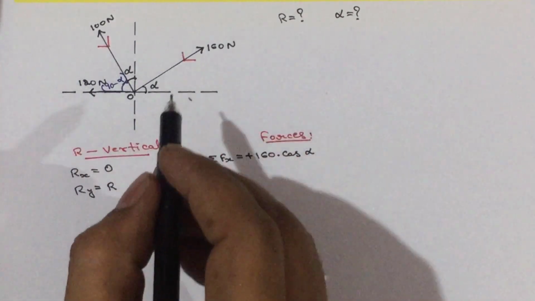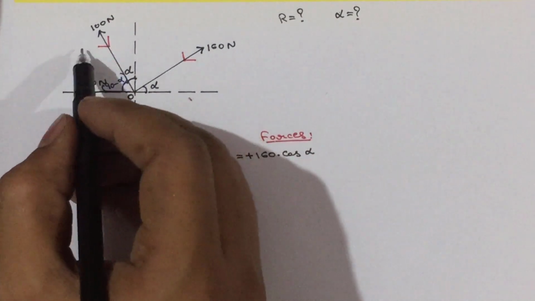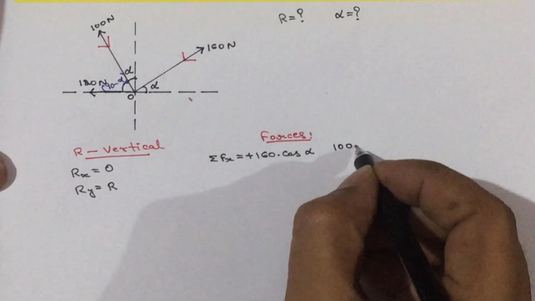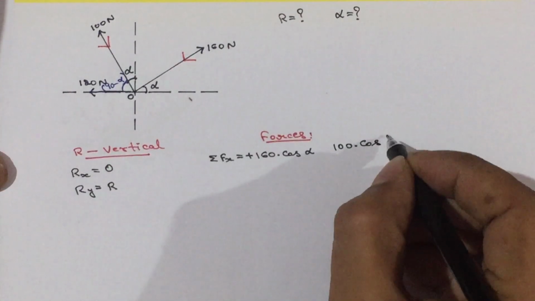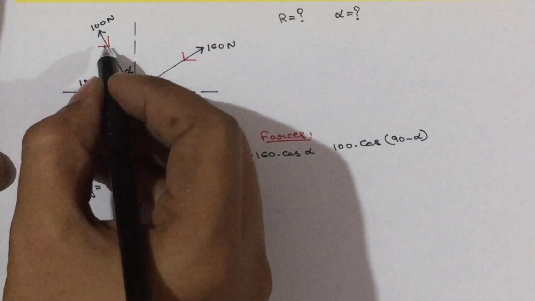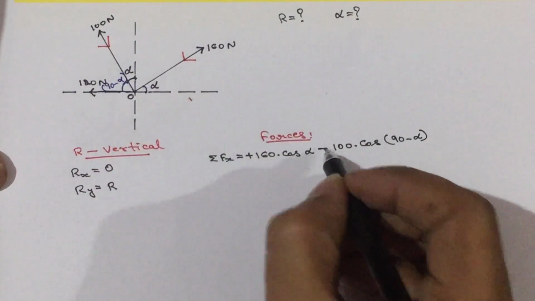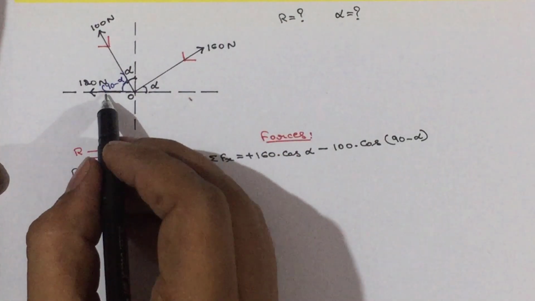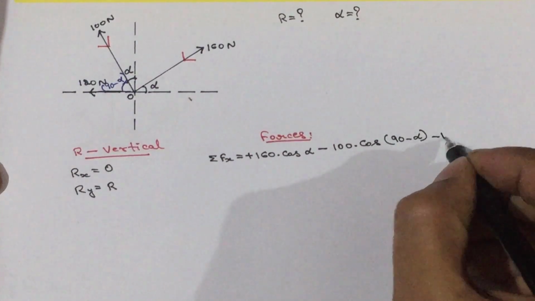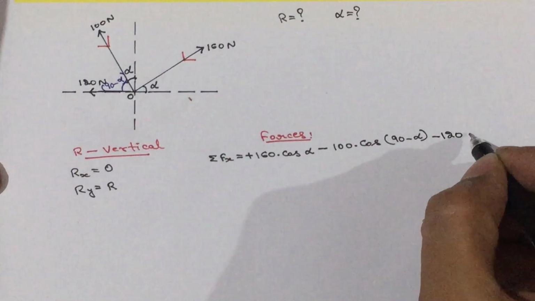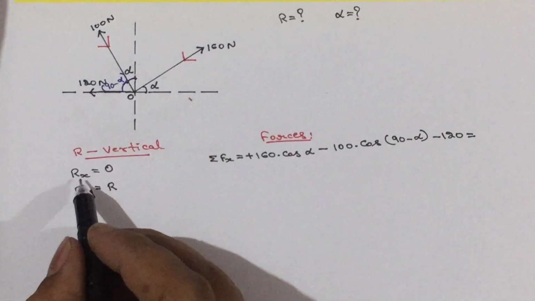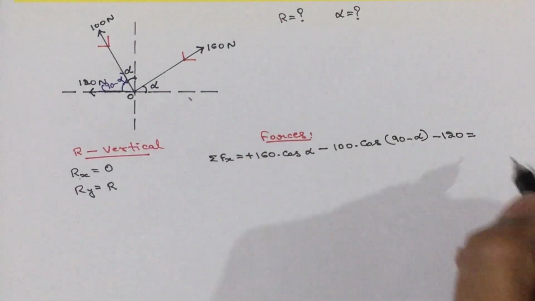The vertical component, leave it. Then here the horizontal component is F cos theta, that is 100 into cos of 90 minus alpha, and it is moving leftward, so it is minus. Then the horizontal force 120 Newton moving leftward, so it is minus 120. That should be equal to sigma Fx, which should be equal to Rx, that is equal to 0.